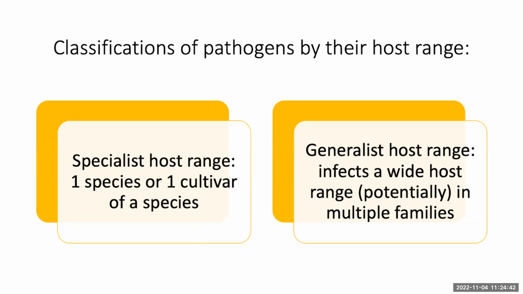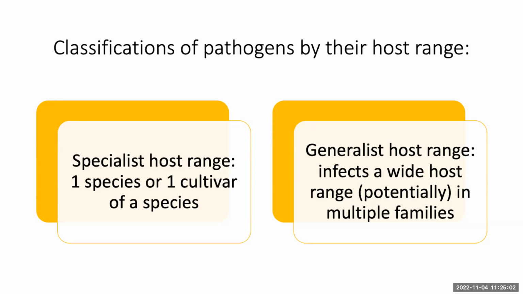Pathogens can be classified by their host range, as either specialists or generalists. Specialists only have a host range of either one species or one cultivar of that species. Generalists typically have a wider host range, which can be in multiple families or multiple species of a family.